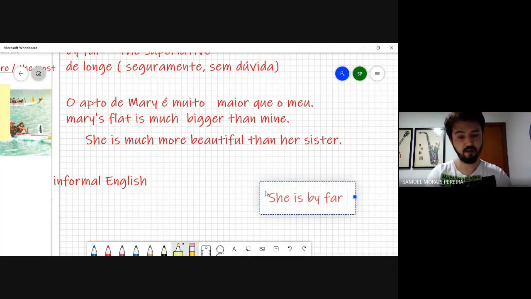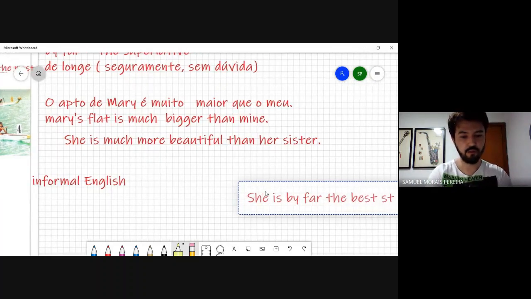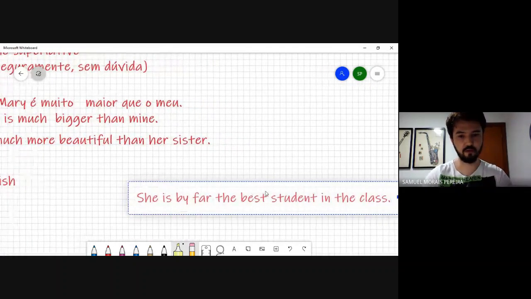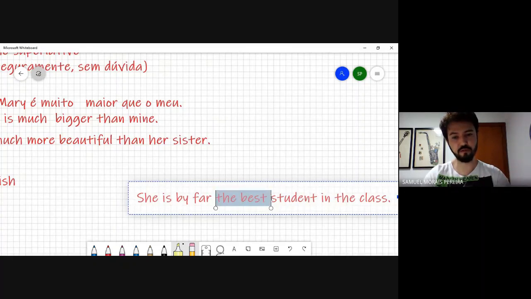She's by far, vamos supor, a melhor aluna da turma, the best student in the class. Você viu o que eu fiz, Anderson? Ela é de longe a melhor aluna da turma. De qualquer forma, eu usei superlativo, tá vendo? Então, eu uso by far com superlativo. Ela é de longe a melhor. The best student in the class.